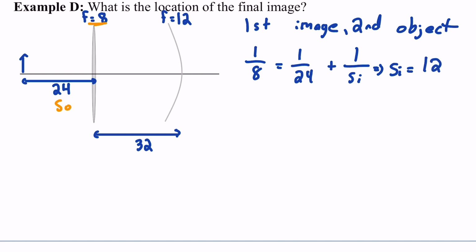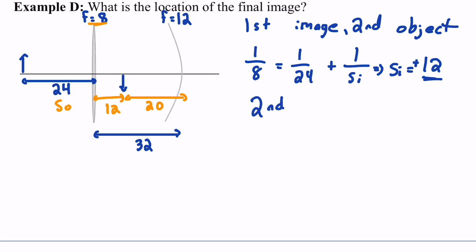Now this is positive 12, which means that this image is going to invert and will be on the opposite side of the lens. So it would be around there. Here my image distance is 12. So when this image acts as the object for the mirror, it's going to be a distance of 20 from the mirror.